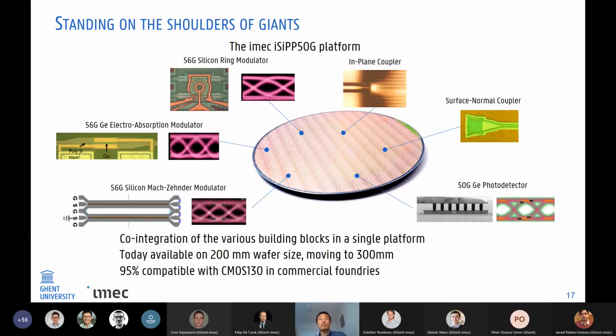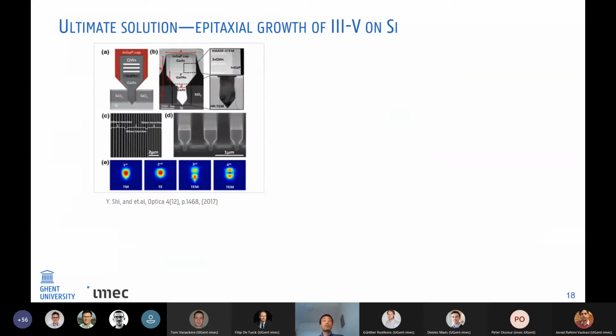Here is an example of the UGent-imec IC50 platform. There are many high-performance devices available on this platform, like germanium detectors, modulators, and other passive devices. And today it's already available on 200 millimeter wafers, and is moving to 300 millimeter wafers.